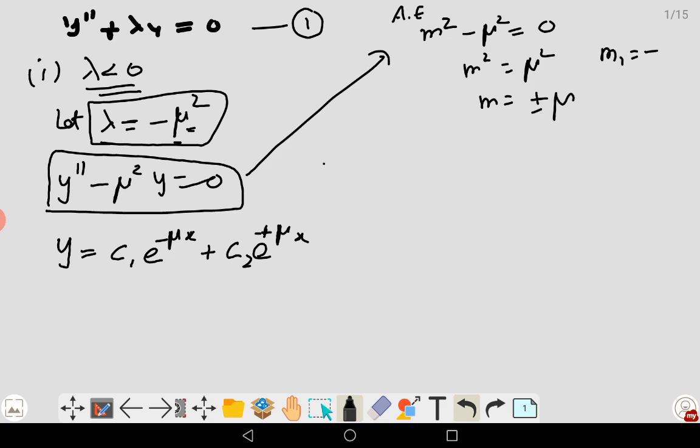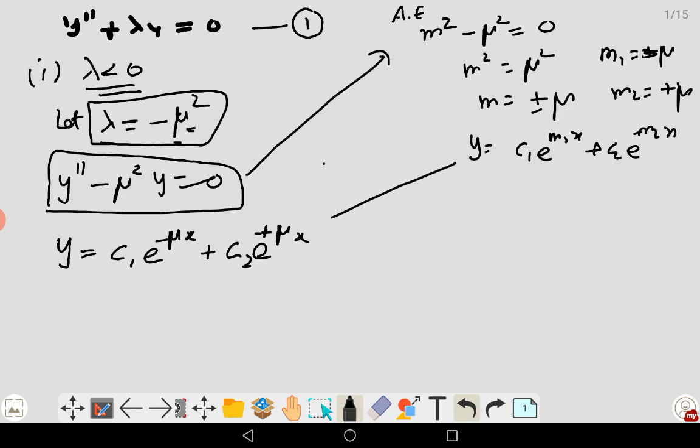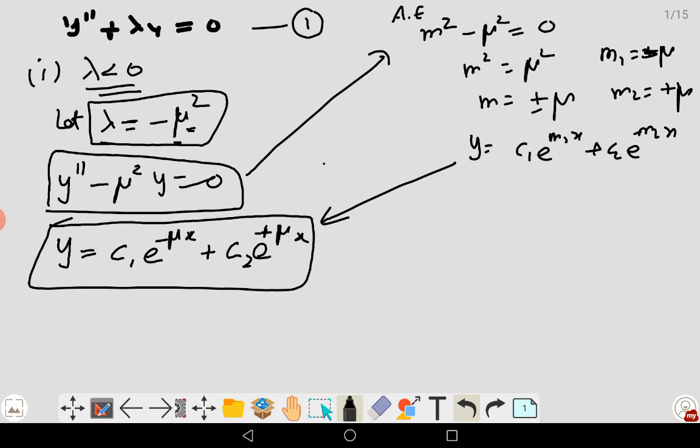So m1 is negative mu, m2 is positive mu. Therefore the solution is y is c1 e power m1x plus c2 e power m2x, which gives you this solution, right? And from the next time onwards you should be careful. There are some solutions on the first page, you can directly use them.